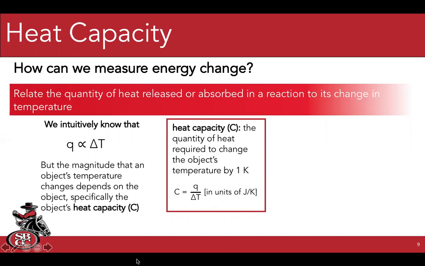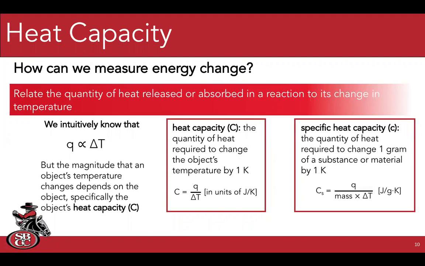So that's an object that's just given, like a cup, the heat capacity of an object. But for a substance, we need the specific heat capacity, and this is what we're going to be using a lot tonight. This is the specific amount of heat required to change 1 gram of a certain substance 1 degree C or 1 Kelvin, the amount of energy that it takes. So this is a constant of every material.